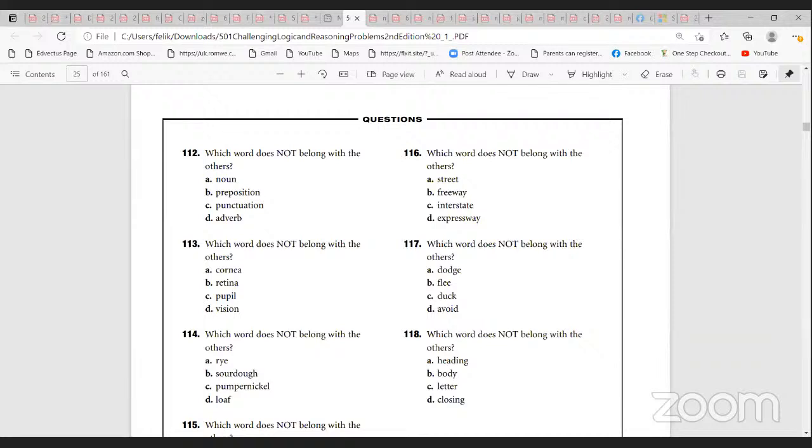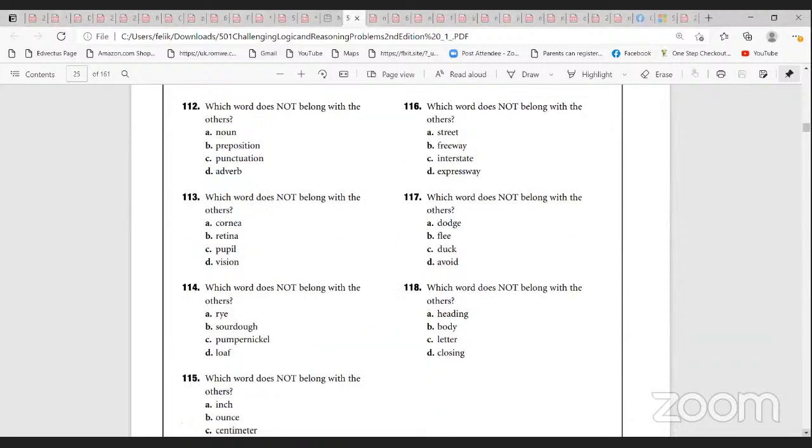Just seeing your message, Jamar. So let me know how it is now. If it's better, if I still need to zoom in more. All right, Jamar. My apology.